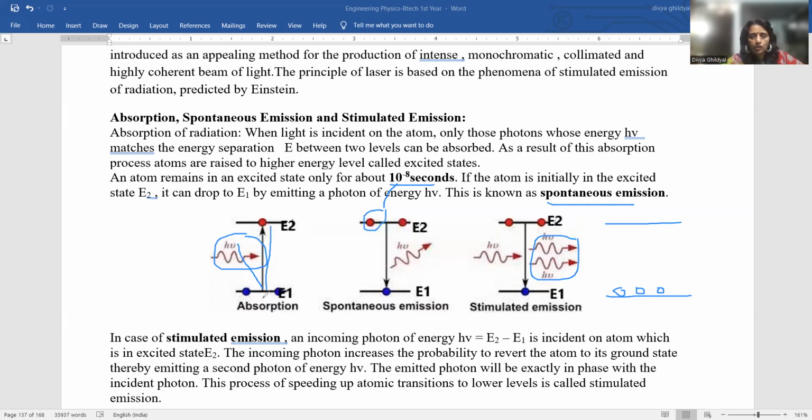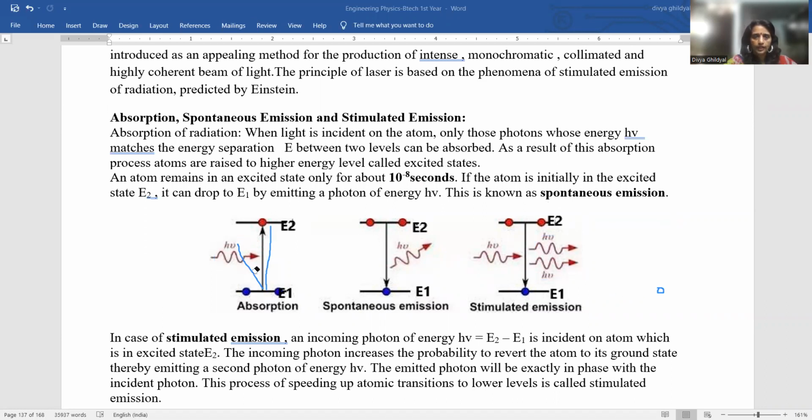And this was where the atom got absorbed from its ground state, reached the excited state, stayed there for 10 to the power of minus 8 seconds, and finally it dropped down. Now, this whole process is a spontaneous process. We have not done anything in it. And this concept was used in making the laser beam.